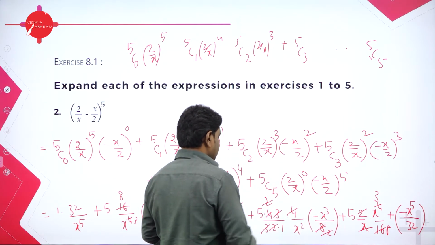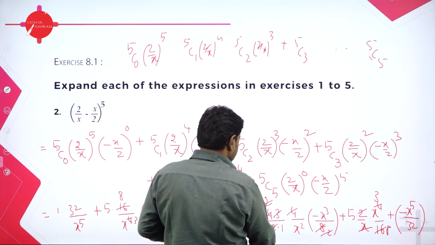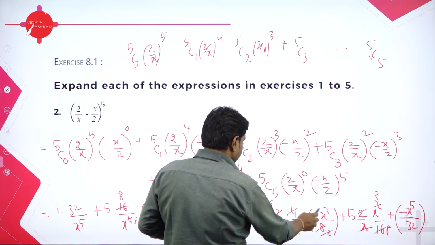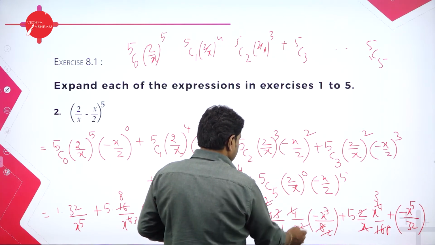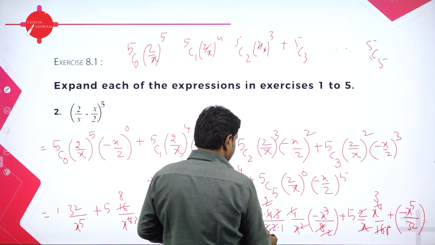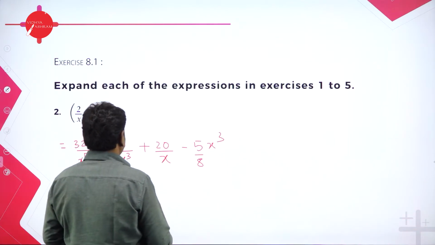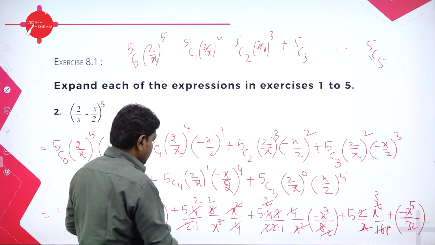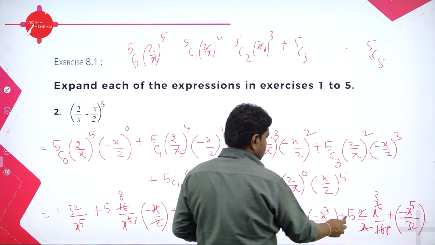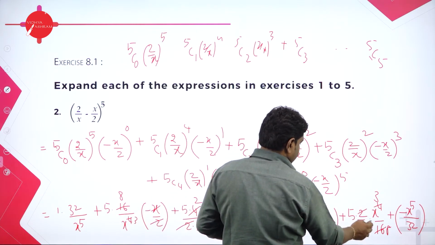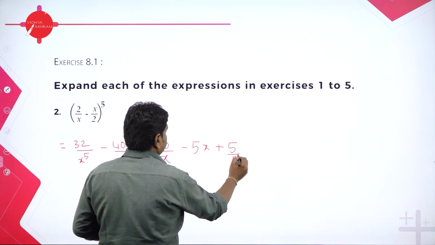This term becomes plus into minus minus 5x cube, and x cube and x square I can cancel, so it will become minus 5x. Then we have x cube plus 5 by 8 x cube plus 5 by 8 x cube.